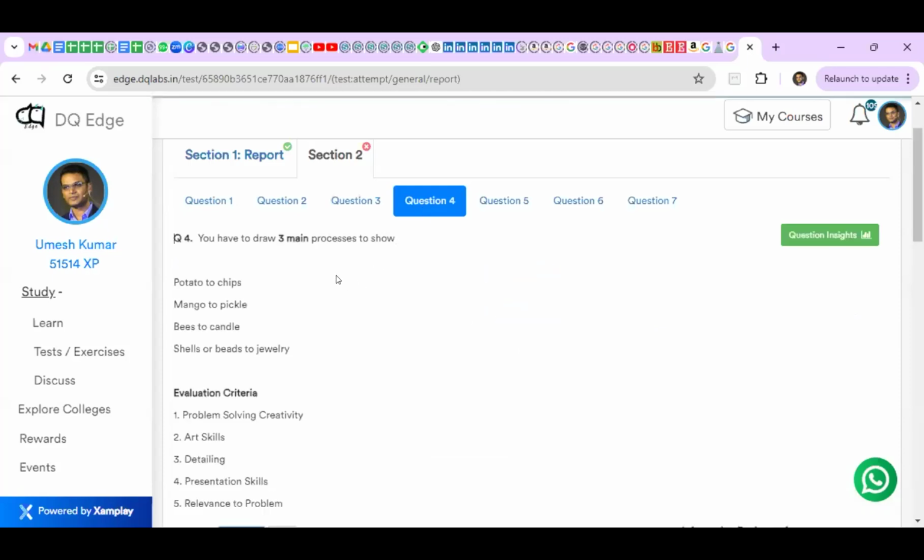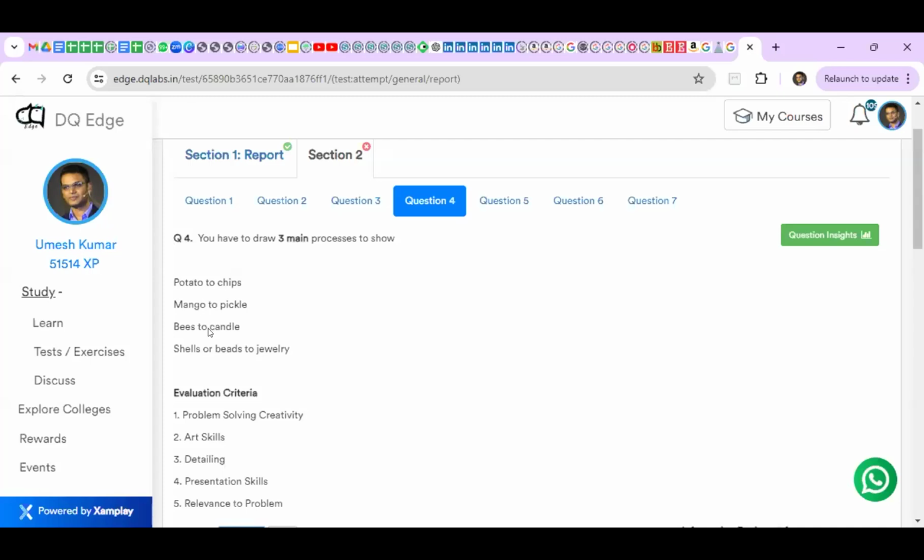Then question 4. You have to draw 3 main processes to show: how a potato is made into a chip, how a mango is made into a pickle, how candles are made from bees, and how beads or jewelry are made from shells.